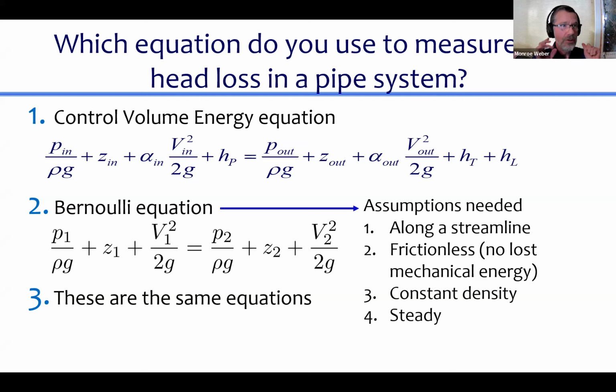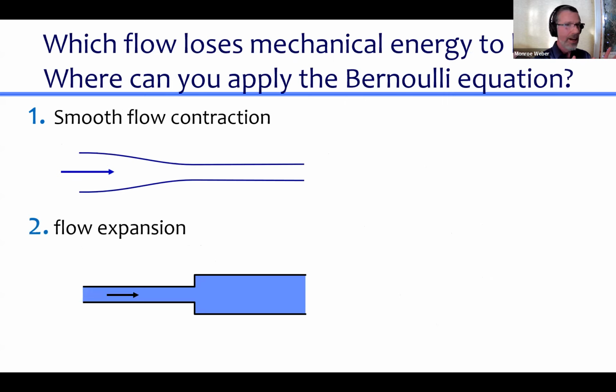Matter of fact, the thing that you were trying to calculate was head loss in the pipeline, which is how much friction there was. And so the Bernoulli equation says, in order to use me, you can't have any friction. So Bernoulli equations don't work in long pipelines. There are places where we can use them inside a pipeline, and I'll try to make that clear before we're done with this.